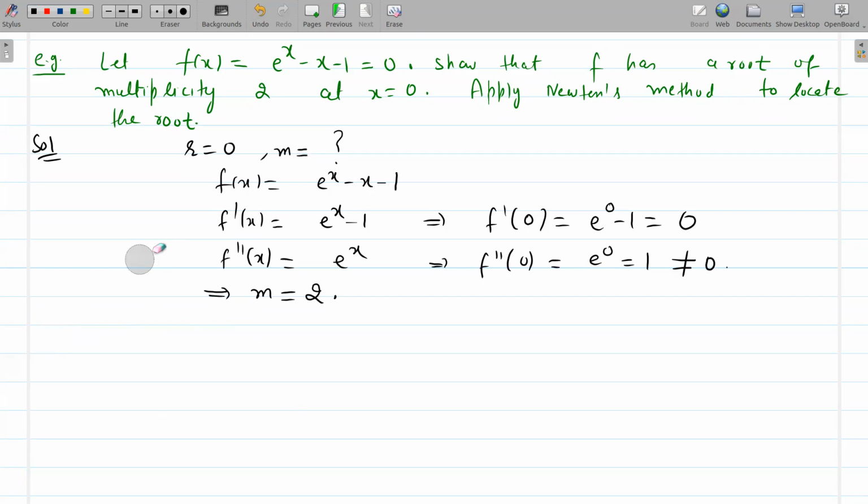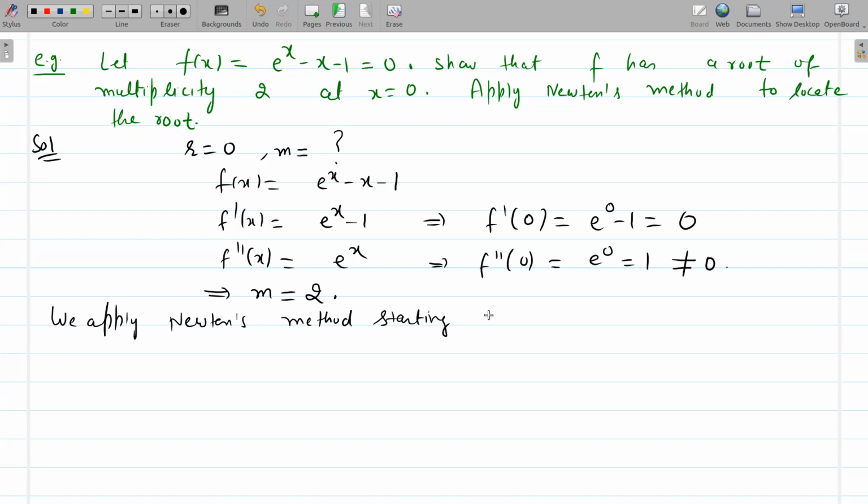Now second case, we apply Newton's method to find this root, or you can say we apply modified Newton's method, starting with an initial guess. The root is 0 already, it is given; we have to go towards 0.